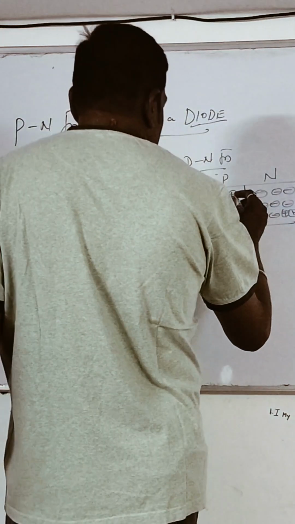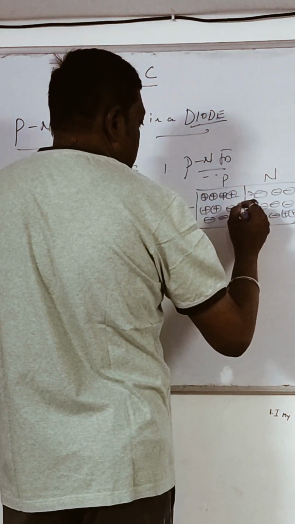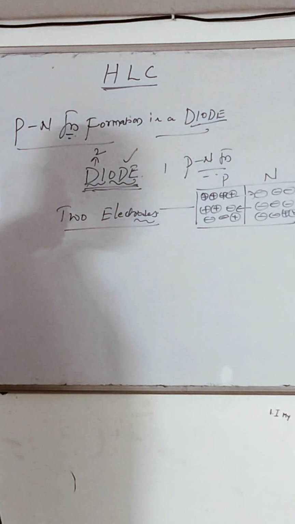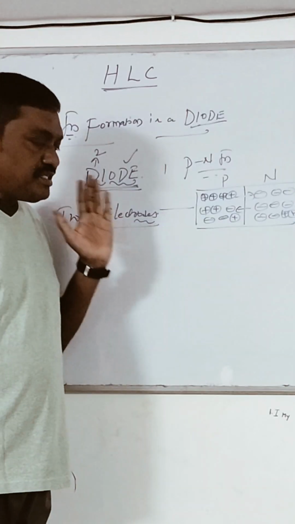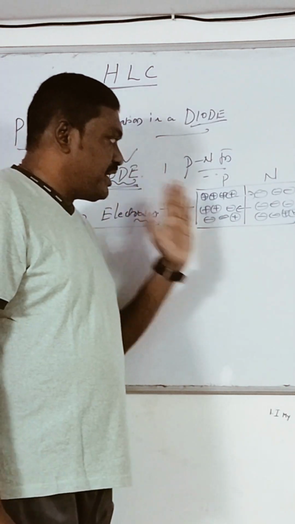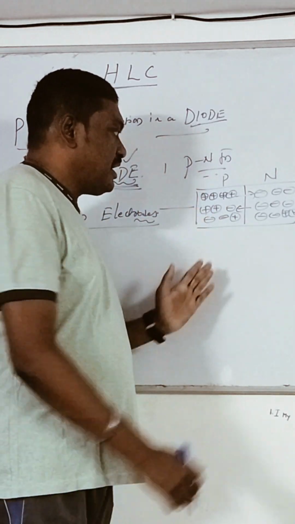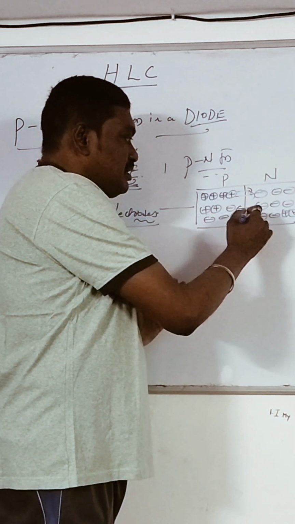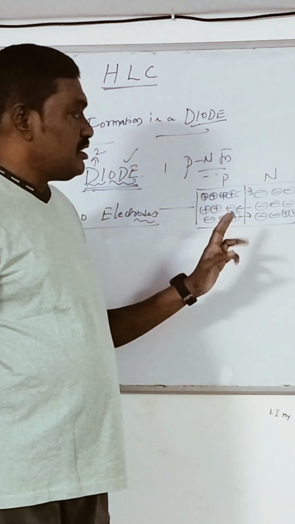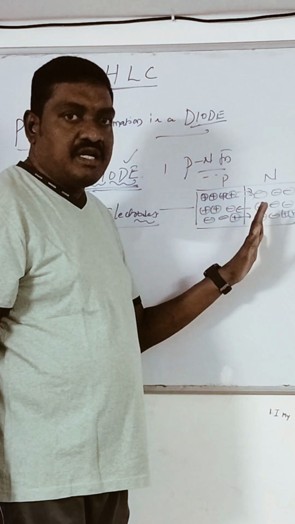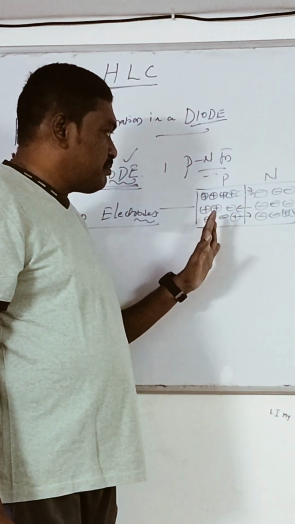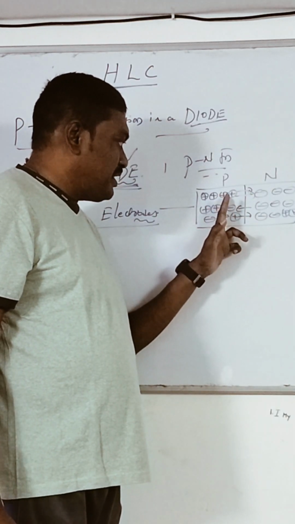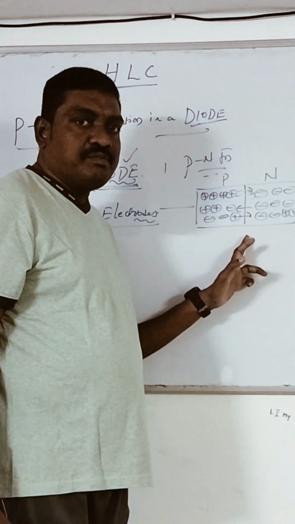So, suppose they tend to move from P to N and N to P. If a charge carrier wants to move from P to N or N to P, it has to diffuse through the center of the material. Suppose in the N-type there are electrons that want to move towards the P-type. They have to diffuse through the center of the material.